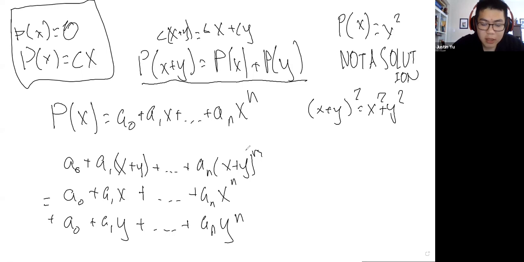The reason is that anytime we have any higher powers, the x's and y's are going to begin to mix. They mix on this side because we're expanding and we have binomial theorem stuff. But they don't mix on the other side because there's this big wall dividing them, this plus sign right here.